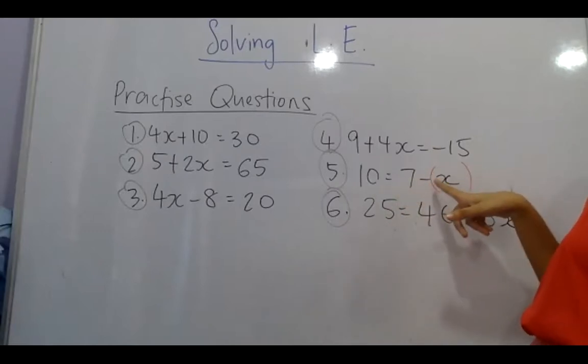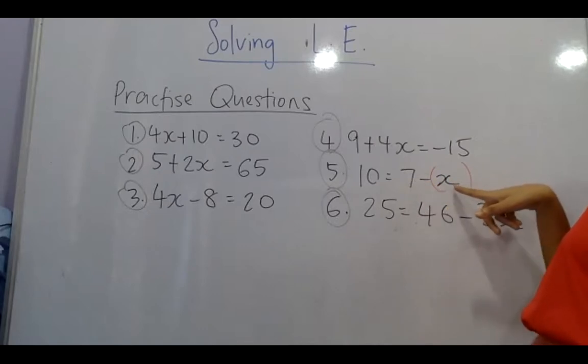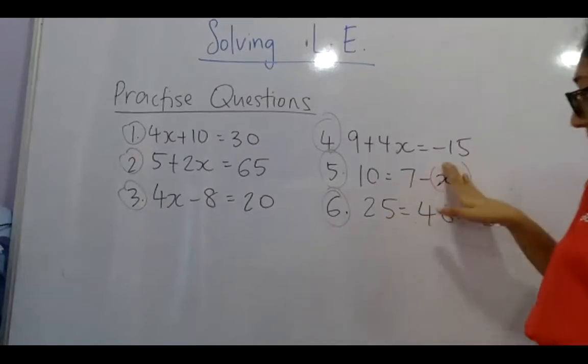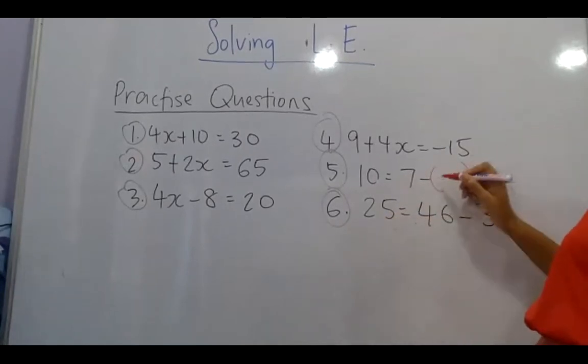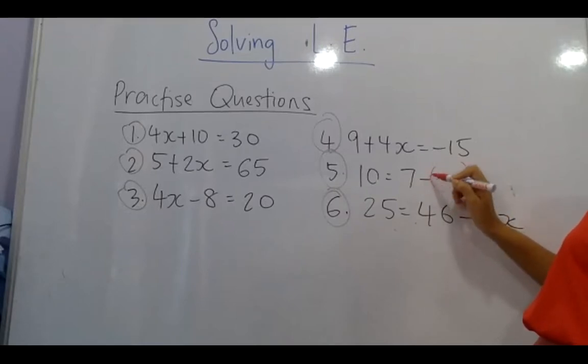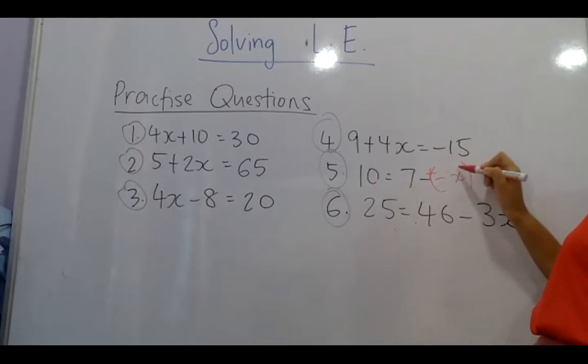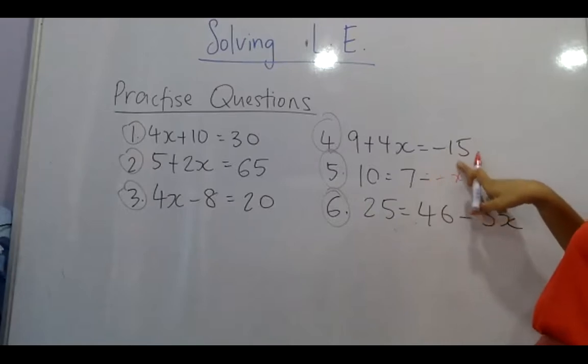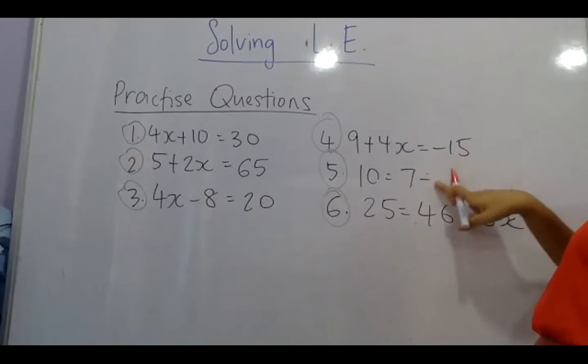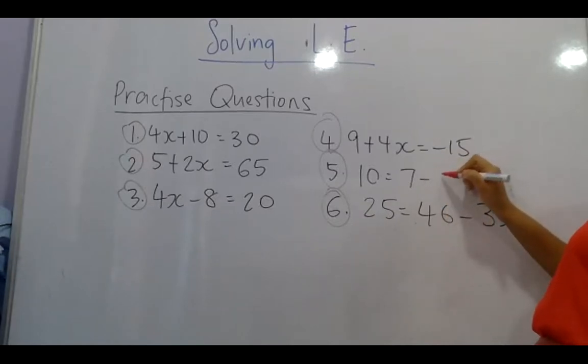Because when I plus, then it will become bigger than 7. So for this to become plus, x has to be a negative number. Why? Because when x is a negative number, negative something, then negative and negative will become positive. So what will that number be? So it has to be negative something. Okay, thank you.